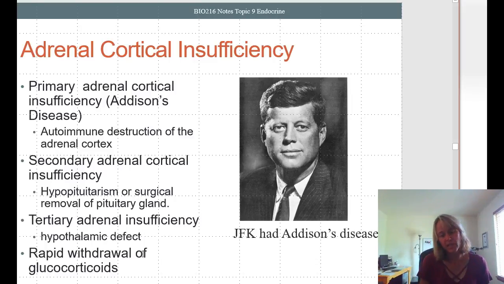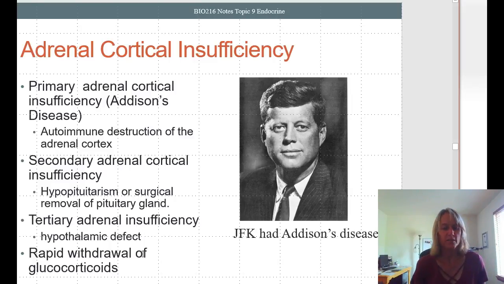So then if you suddenly withdraw cortisol that you've been giving exogenously, then the patient's blood levels of cortisol become really low, and their adrenal cortex, because it is atrophied, is not going to make it rapidly enough.